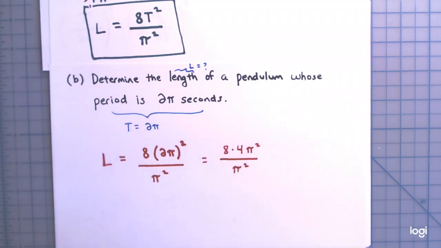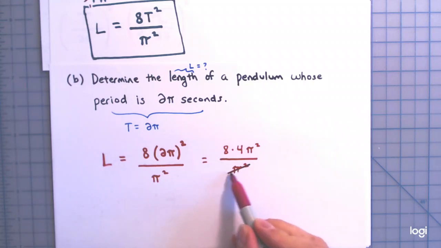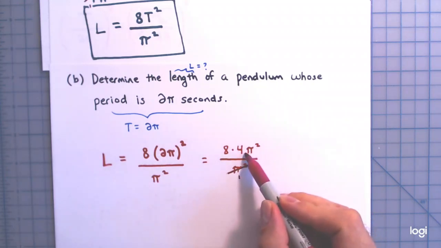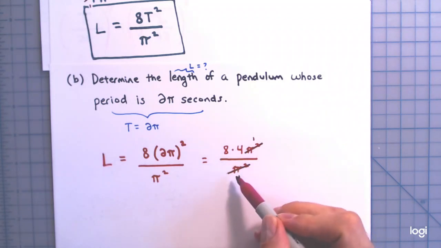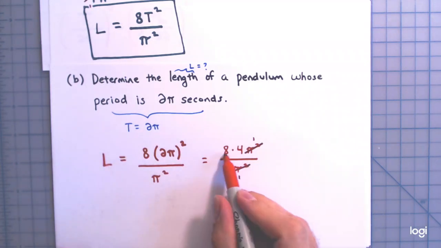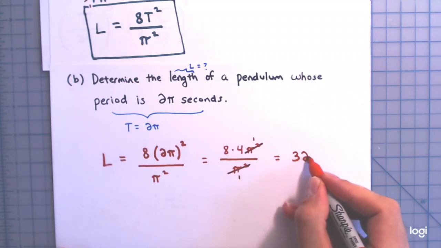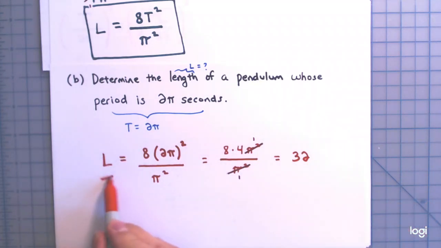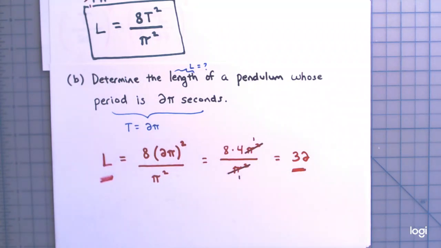Hopefully you see there is a common factor of pi squared in the denominator and the numerator, so that becomes 1, since anything over itself is 1. So the only factors I'm left with are in the numerator. I have 8 times 4, which is 32. So L is 32, and that's totally simplified.